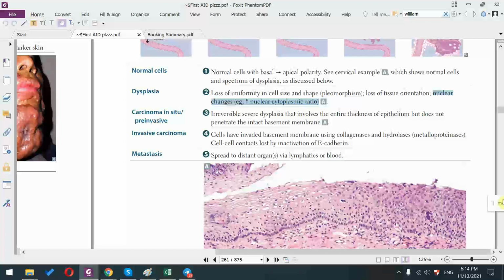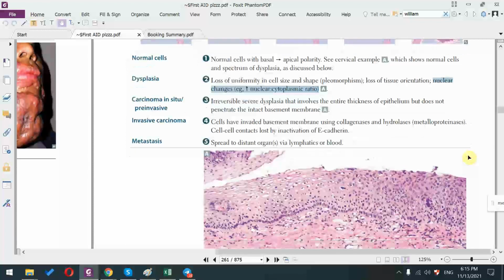So if you need more DNA to make many more new cells, where is DNA stored inside of the human cells? In the nucleus. So the nucleus will be much bigger, and this is why you have more nuclear to cytoplasmic ratio. It makes sense. If you think about it, it makes total sense.